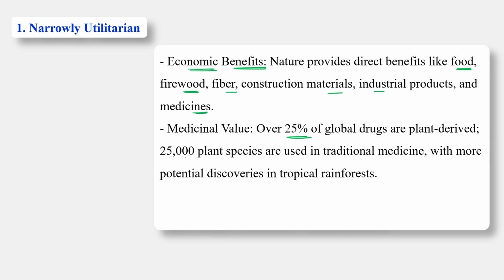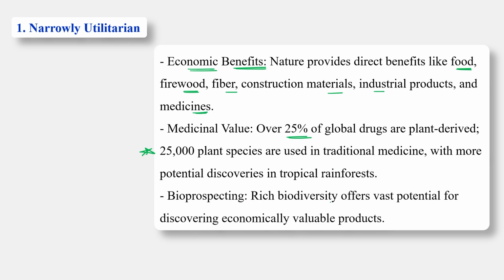About 25,000 plant species are used for traditional medicine, a huge number, with more potential discovery in tropical rainforests. That's why we have to conserve our biodiversity, right?